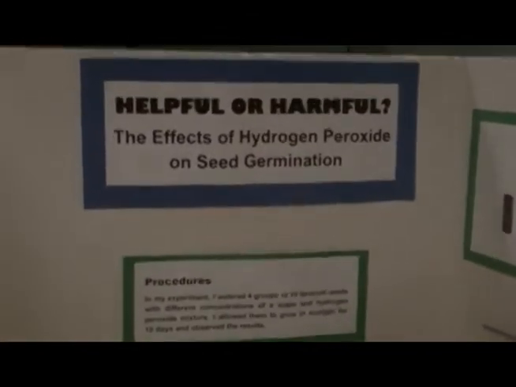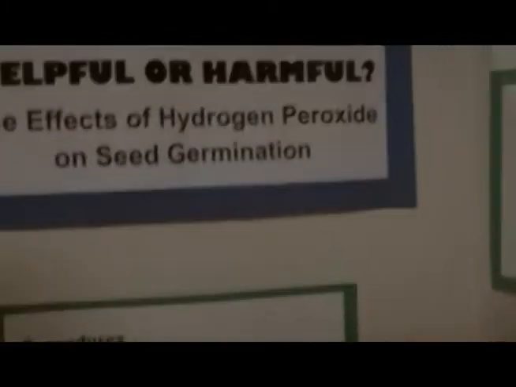It is the seed of germination. I was seeing if seed germination will be affected, harmful or helpful, by hydrogen peroxide. Really? Yeah, and as you can see, 9 millimeters high. The hydrogen peroxide helps the seed germination.